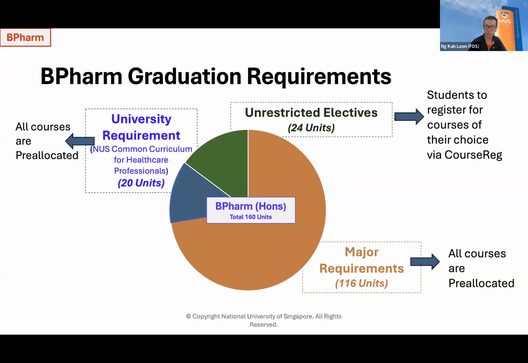Then you have 24 units of unrestricted elective space for you to choose courses over the course of your 4 years. You can use these 24 units of unrestricted electives to, for example, fulfill a minor requirement, which is 20 units.